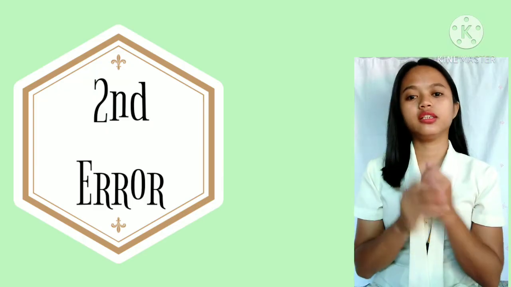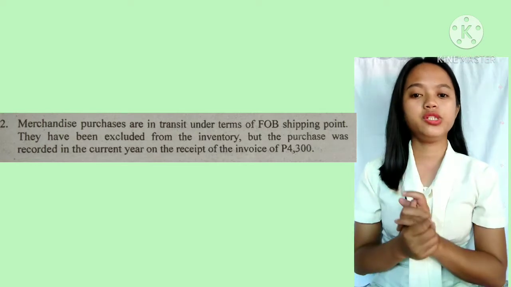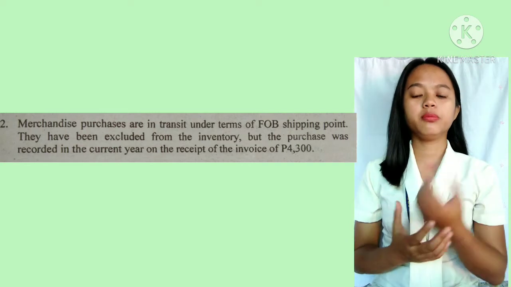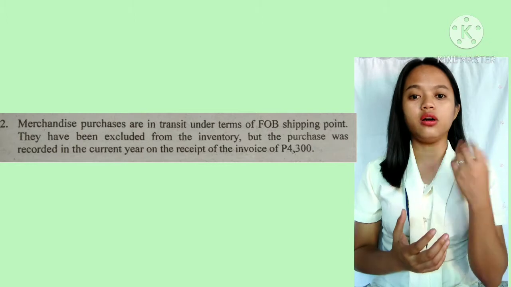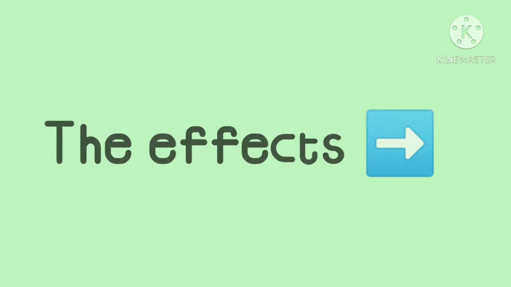The second error is that the merchandise purchases in transit under the term of FOB shipping point have been excluded from the inventory, but the purchases are recorded in the current year on the receipt of the invoice, 4,300 pesos. Now let us talk about the effect of this error for the current year.